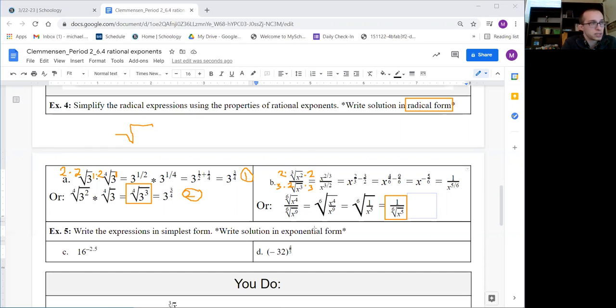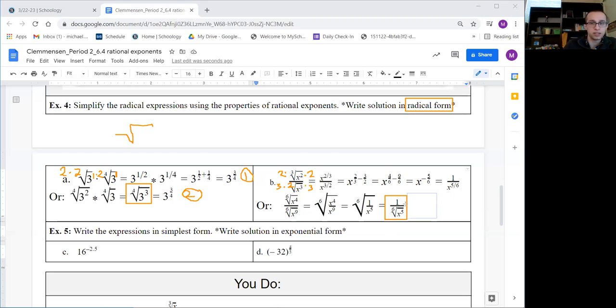I got one person with the correct answer. Perfect. I got two people with the correct answer. 2 for 2 so far. Anybody want to make another guess? Perfect. So there is a radical in the denominator. I can't have that. All right. That's not allowed in our math to do that.